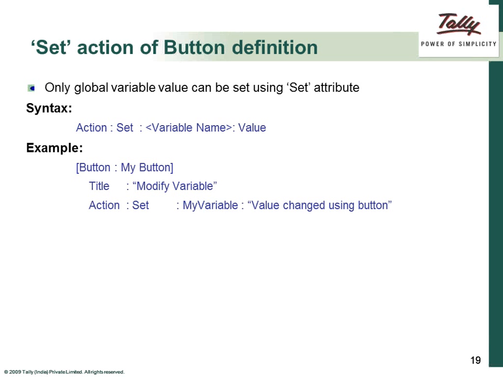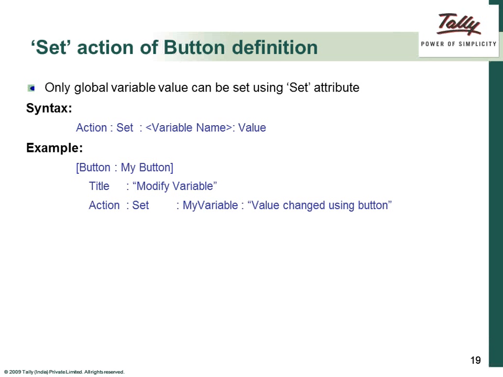Reason, at report level, once you hit, the report gets generated. So the set attribute at report level that we use to change the variable value just provides an initial value to the variable when the report is open. However, the action set that we have at button level helps us to change the variable value only after the button is clicked.